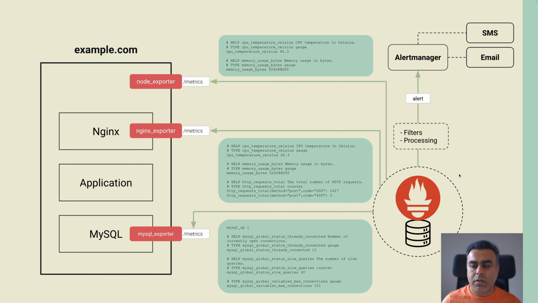So we can configure Prometheus to send us alerts, and we can be notified if a bad thing is happening in our system. So two main characteristics and responsibilities that Prometheus has are collecting and storing data, and also generating alerts.